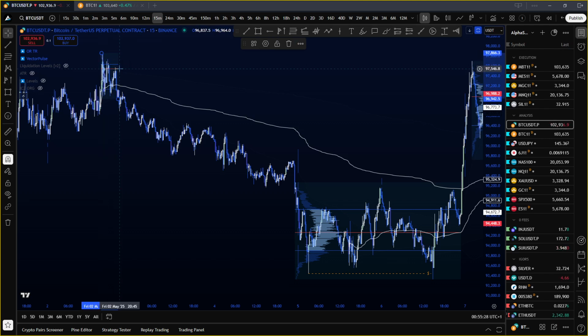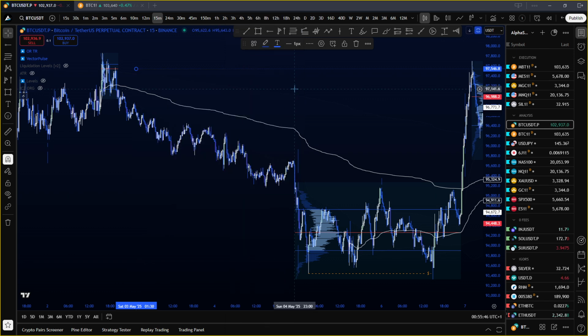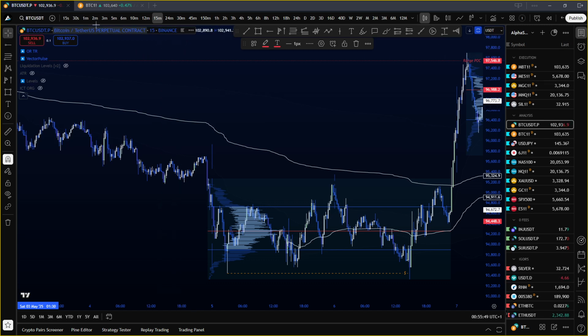Where's the POC? You could argue that we go to the POC at 97,546. Let's put a line there. But this is very hindsight.